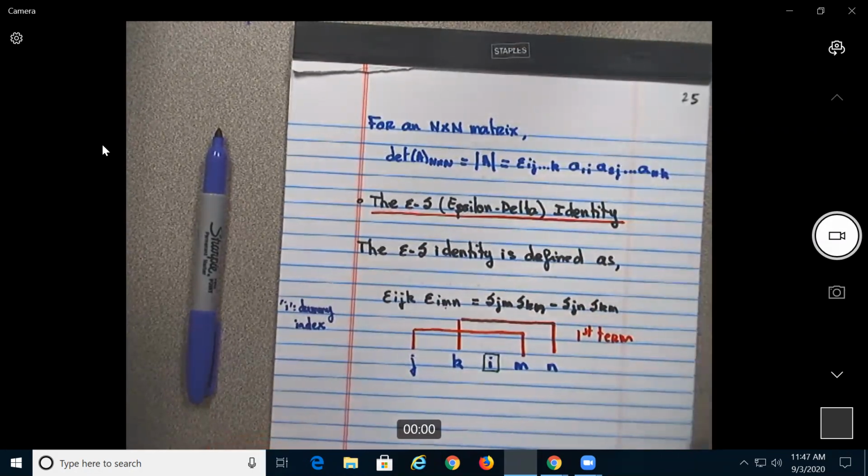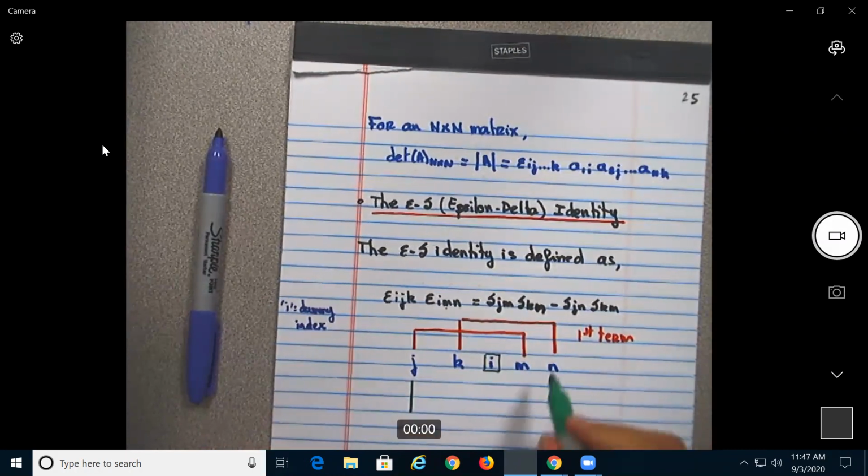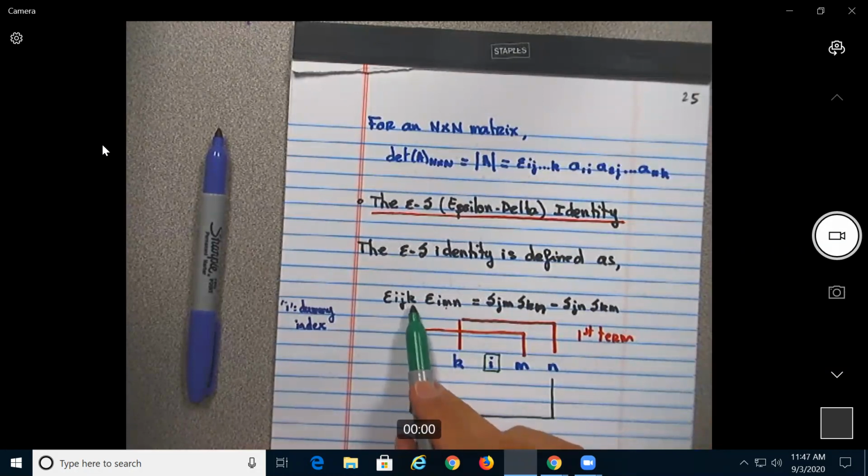And now for the second term, what you do is actually you switch. You take the second term and you combine it with the third one. All right? For the second term, you're gonna have then J and the N over here. And the one will be what? The third one with the second one.